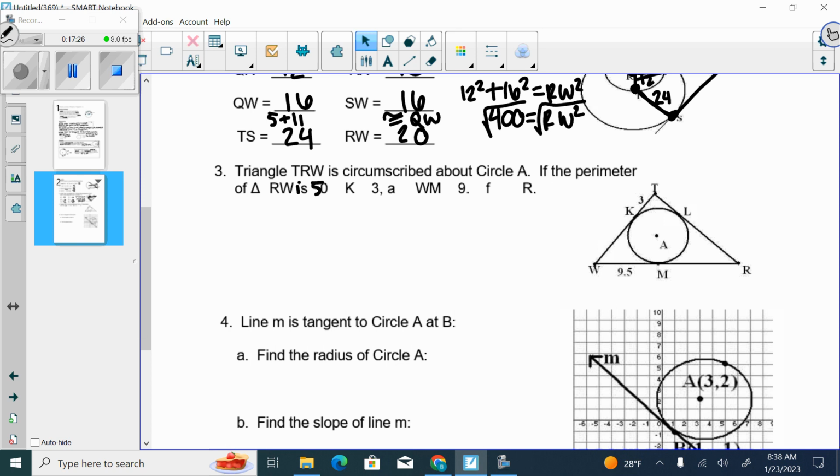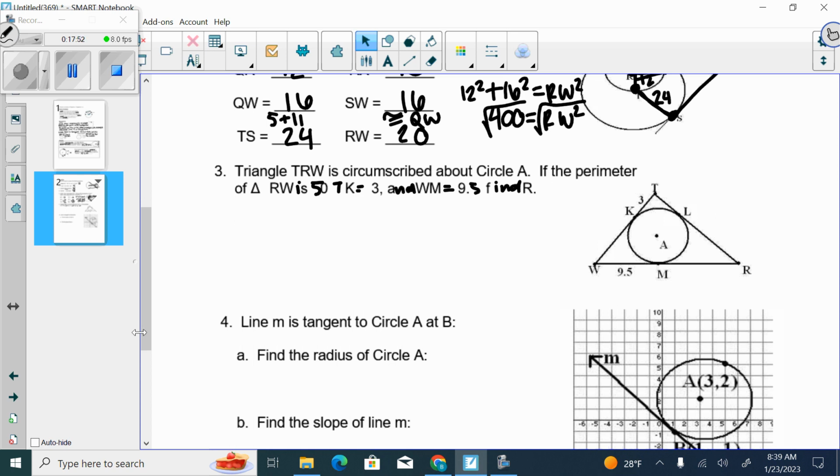Cut out a lot of my stuff here, didn't it? Perimeter 50, TK equals 3, and WM equals 9.5, and find TR. Okay. All right, so circumscribed.